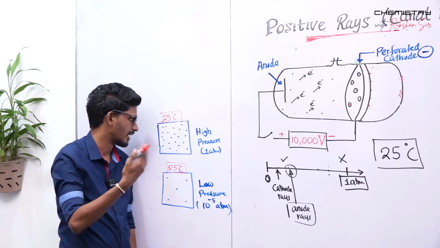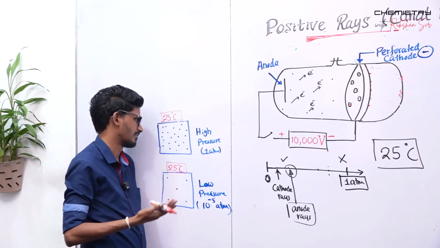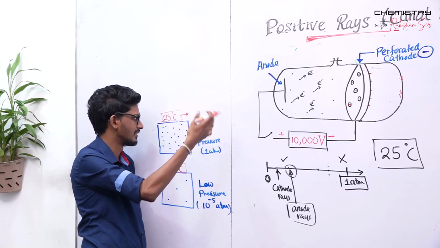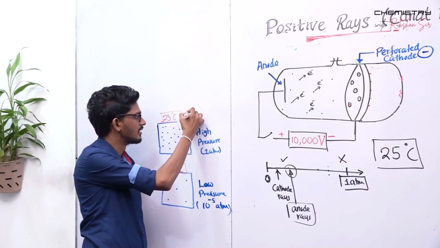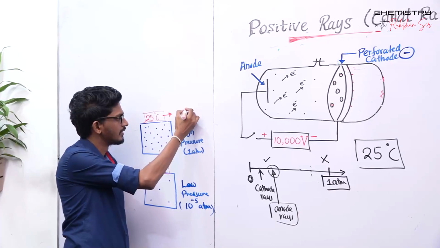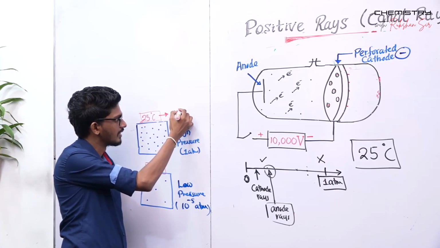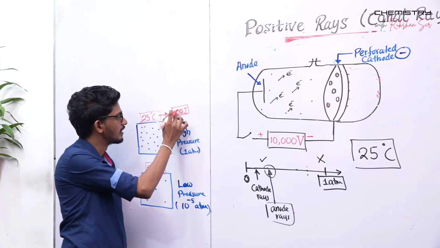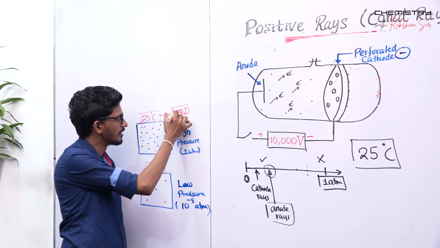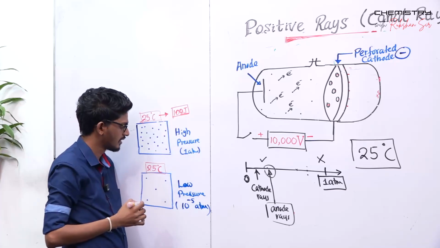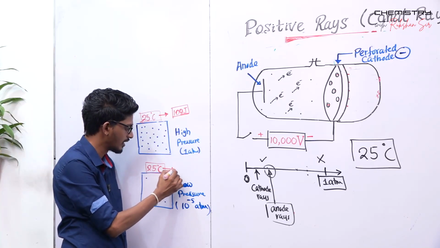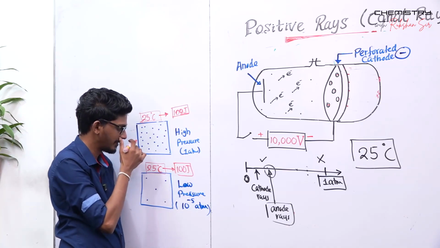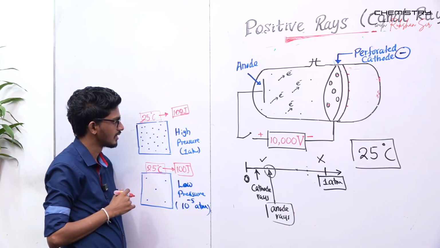Let's say I'm just taking some numbers, just to imagine. Let's say you have just 100 joules of energy with the 25 Celsius situation, the thermal energy associated with the temperature, right?